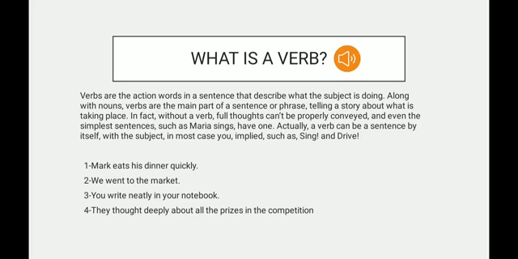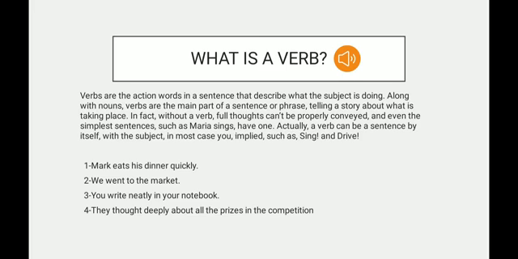Third, you write neatly in your book. Now this would have made sense as, you write in your notebook, but to add more meaning to the sentence, you add a verb-related word. That is, you write neatly in a notebook.